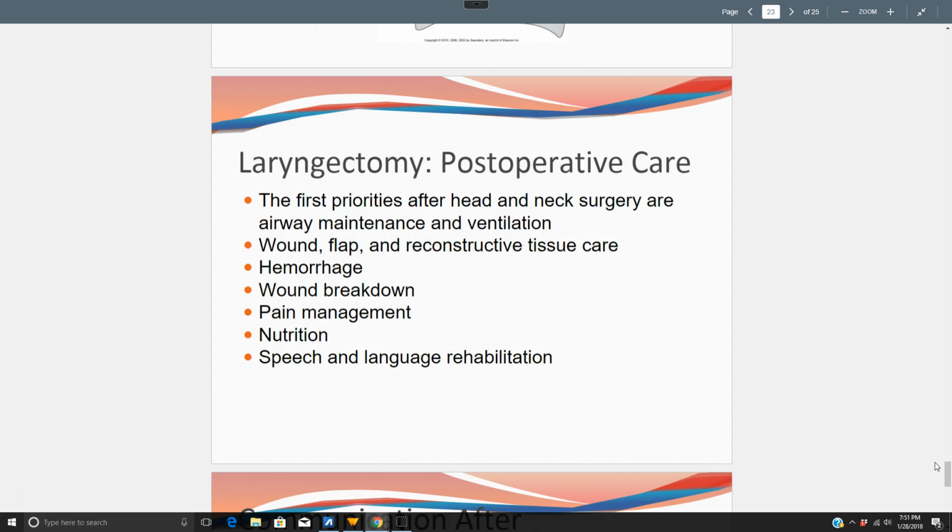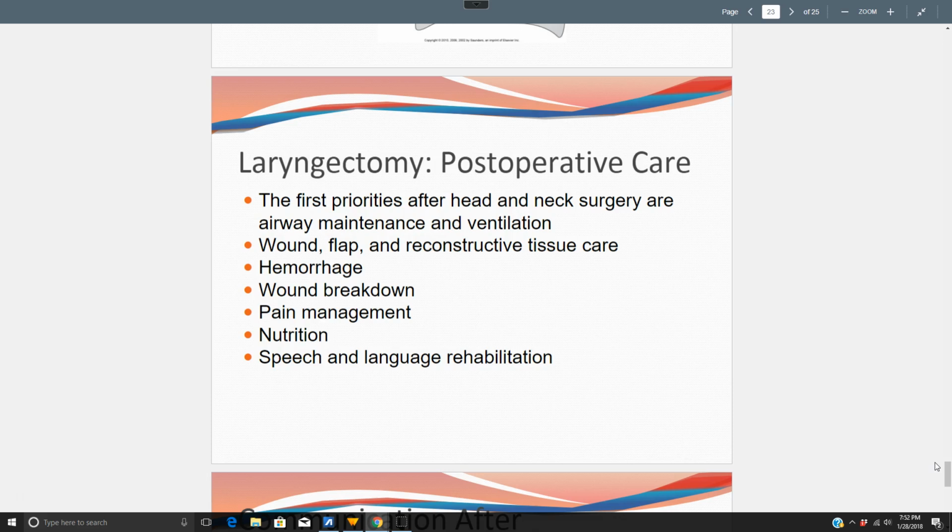Again, our concern is change in body image, speech therapy, because communication will now be a problem. And there are esophageal speech and artificial larynxes, all that can be definitely implemented when we know that the patient has developed no complications that I talked about earlier: wound flap infections, hemorrhage, wound breakdown, pain management.